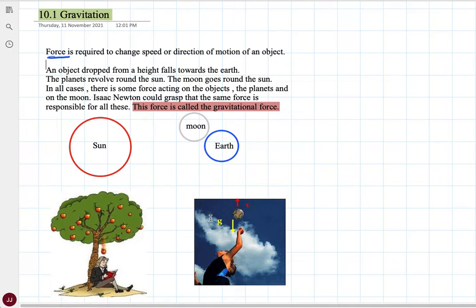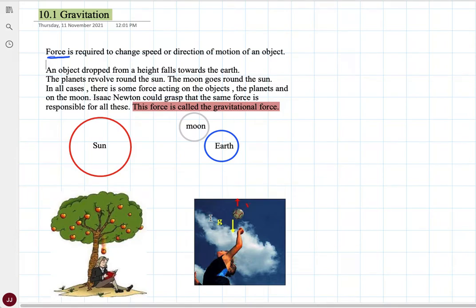It's attracted by gravity, and it falls back towards the earth, right? So this is one kind of motion, and we see a force acting upon the object, and it is attracted towards the earth.